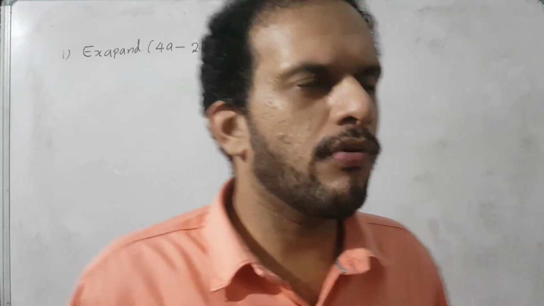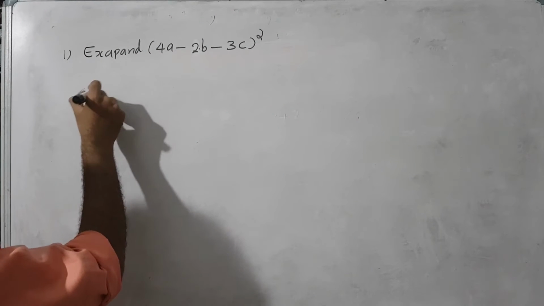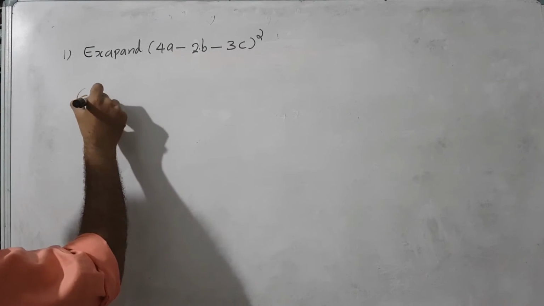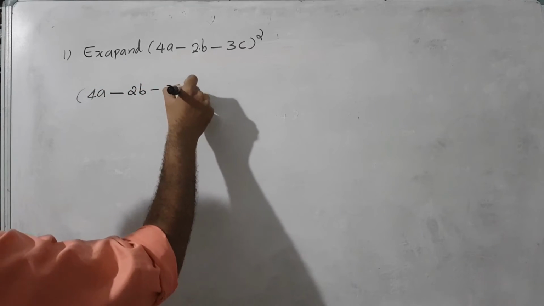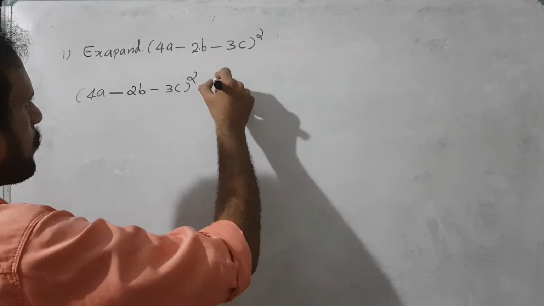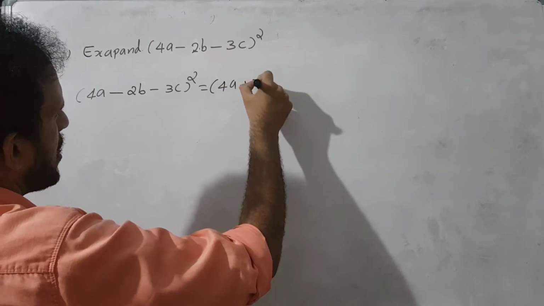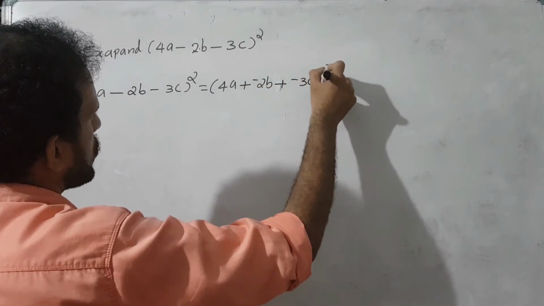We convert all the minus as plus minus. Then how do we write? We write the next like this. (4a - 2b - 3c) whole square is equal to, how do we write this one? (4a + (-2b) + (-3c)) whole square.